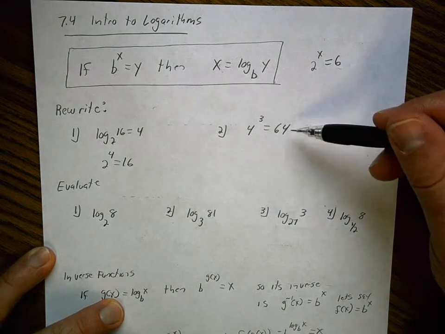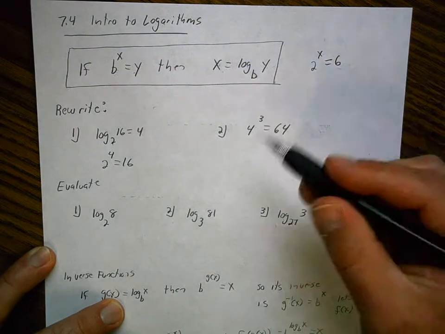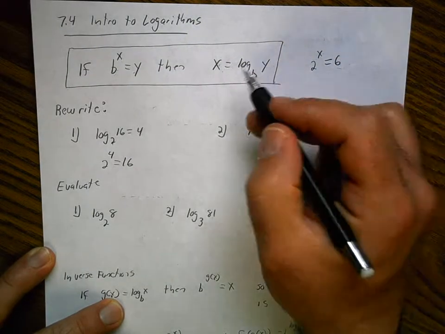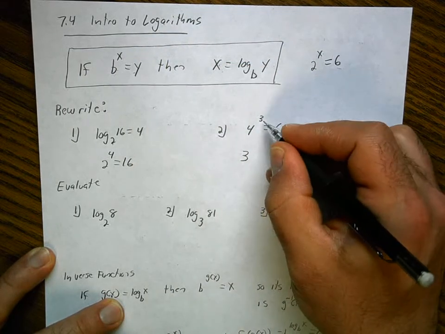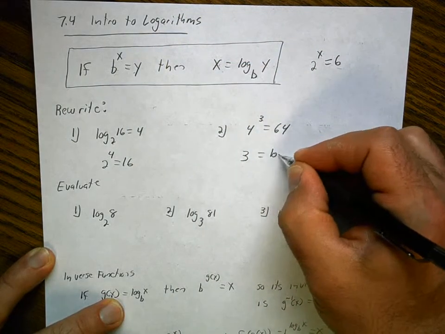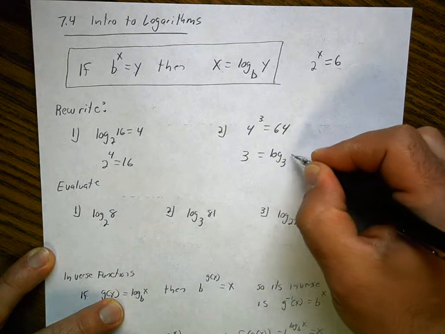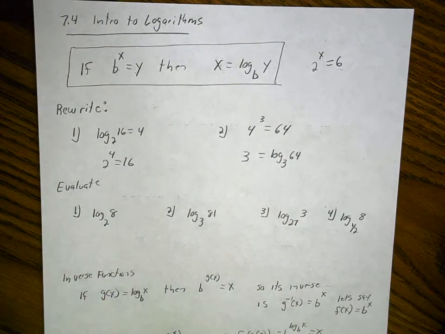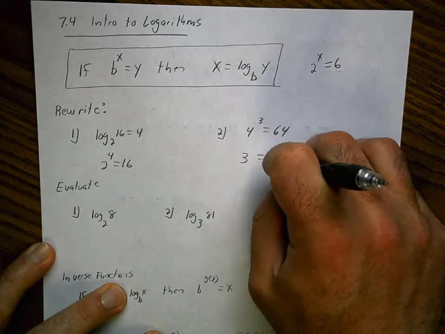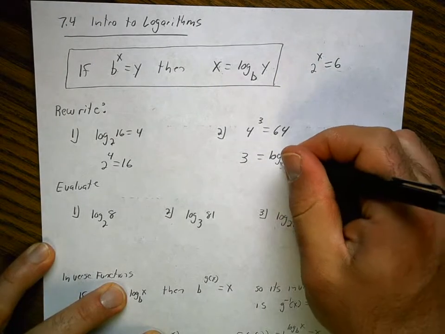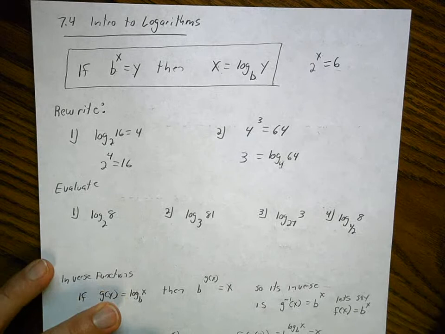And if I wanted to go from exponential to logarithm, I would set everything equal to the exponent, which is 3 in this case, equals log base 3 of 64. Or base 4, I'm sorry. Base 4. 4 is my base.